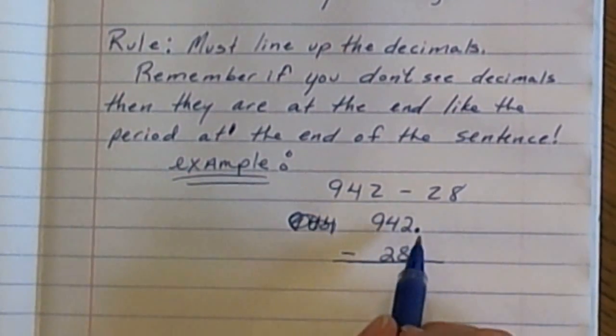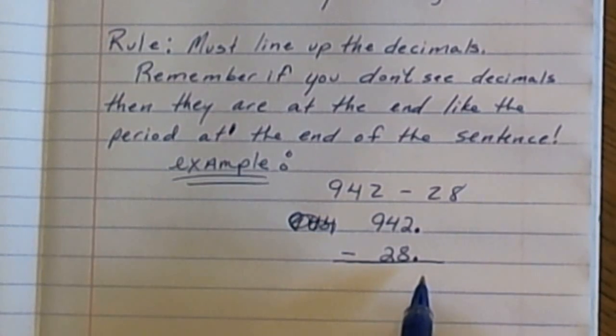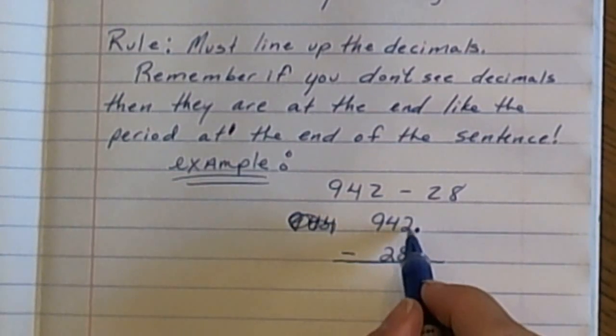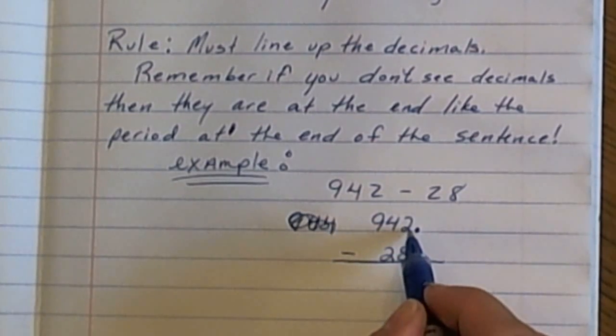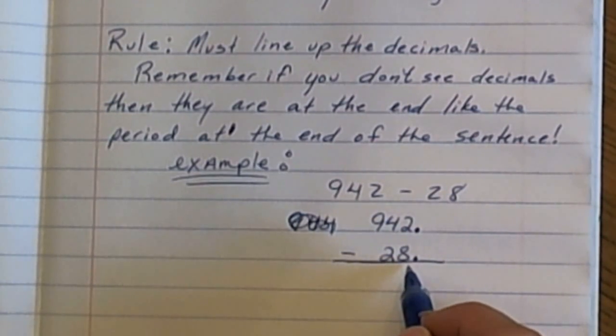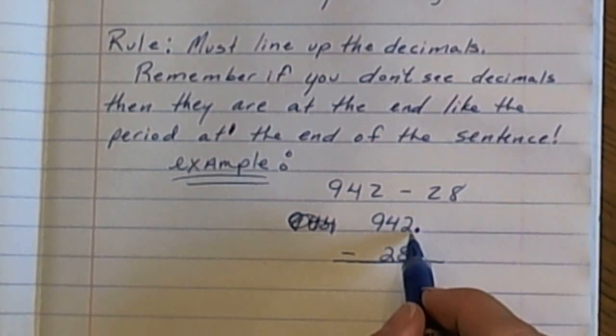Now this is a good example of when I would need to borrow. I have a 2 minus an 8. I can't say 2 minus 8, so I would have to borrow.